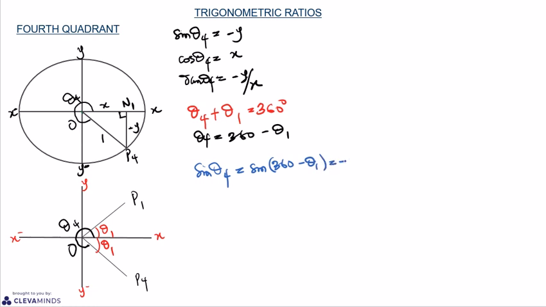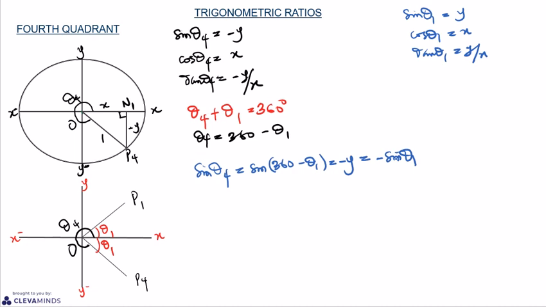Sine theta 4 is negative Y. Remember that from the first quadrant, sine theta 1 is Y, cos theta 1 is X, and tan theta 1 is Y over X. So negative Y means this is negative sine theta 1.